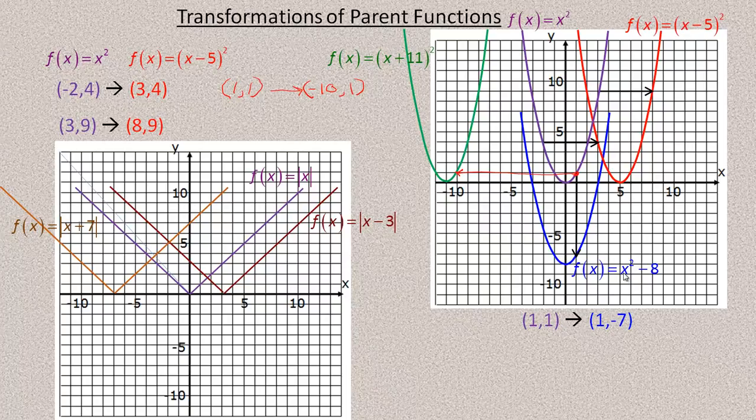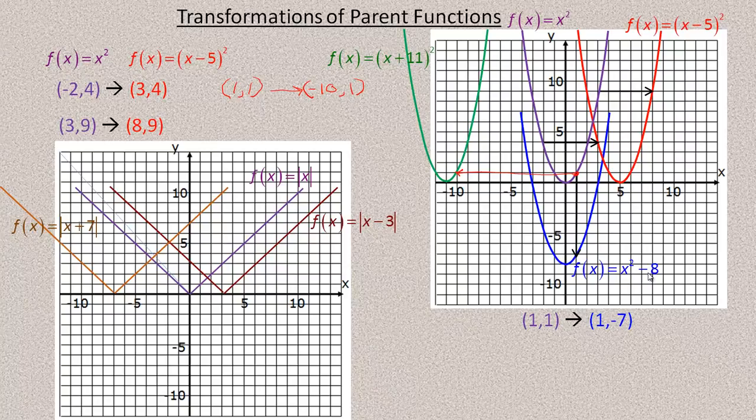We're affecting y, not x. So if I put 1 in place of x here, 1 squared is 1, minus 8 to give me the negative 7. So for a vertical translation, you have a number subtracted or added on the end. And in this case, it's gone down 8 units, it's minus 8.